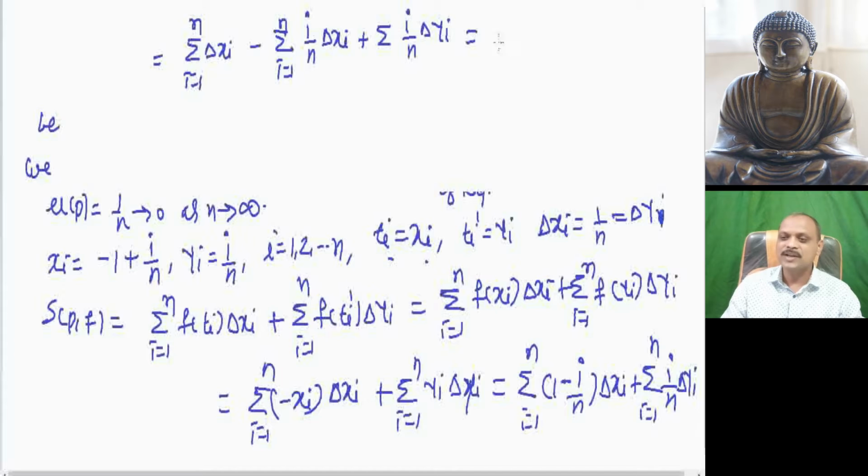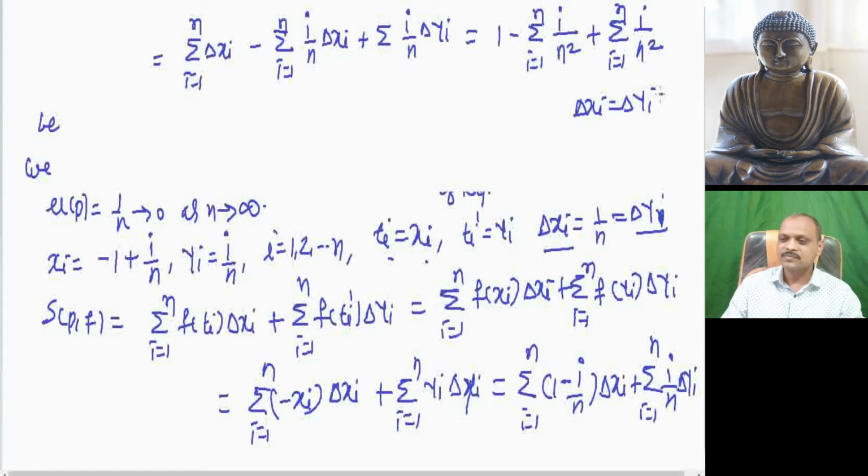The length is 1, so 1 minus summation i equal to 1 to n of i divided by n square, as delta xi is 1 by n, plus summation of i divided by n square, i equal to 1 to n. We have substituted delta xi equal to delta yi equal to 1 by n.